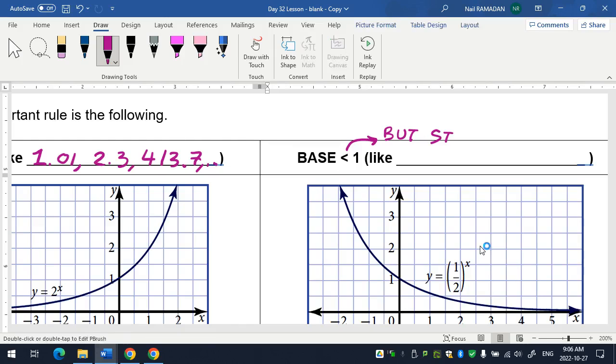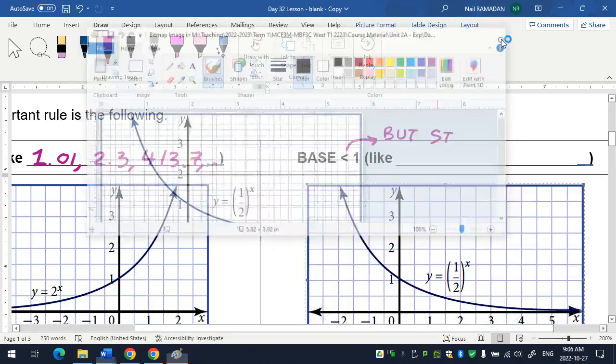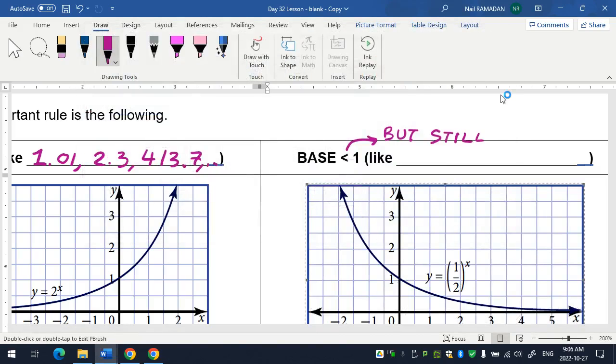How about this one? Base is less than 1. But still what? Still positive, which means it has to be a small decimal, but you cannot put a negative sign. Like what? I don't know, 0.01, or maybe 0.23 or 0.7.